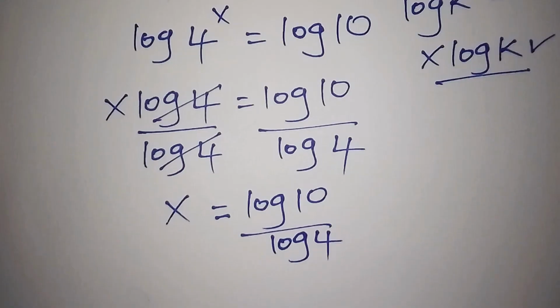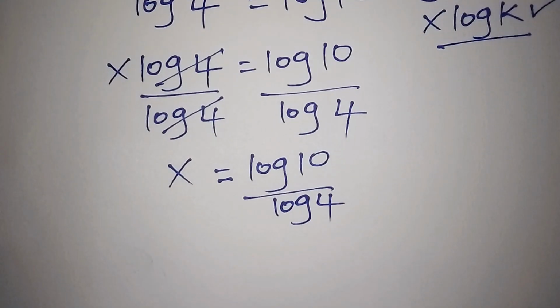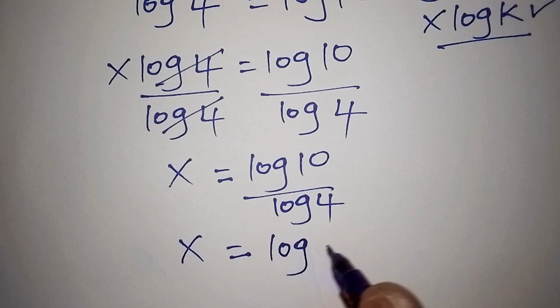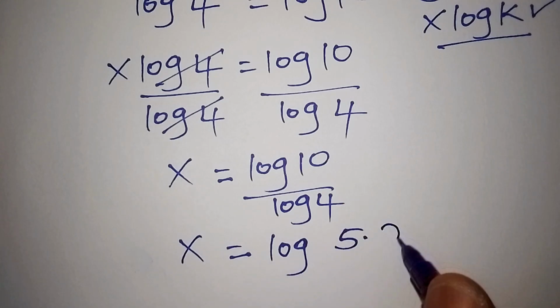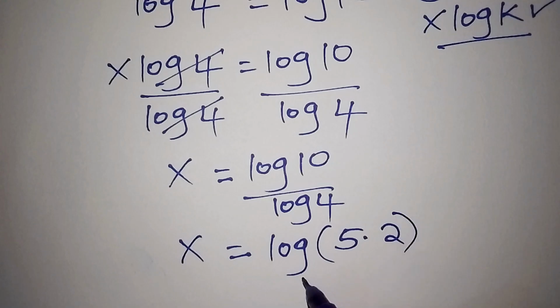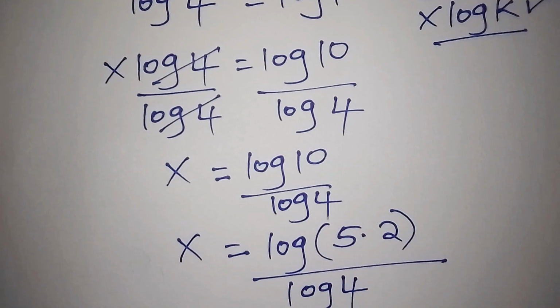So we can factorize this maths problem very fast by saying that the value for x is equal to log 10, which can be written as the log of 5 multiplied by 2, into bracket, all over the log of 4.